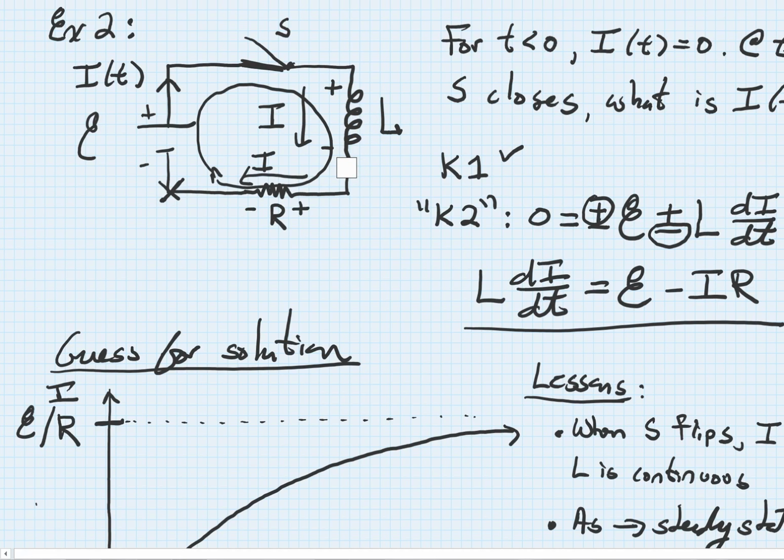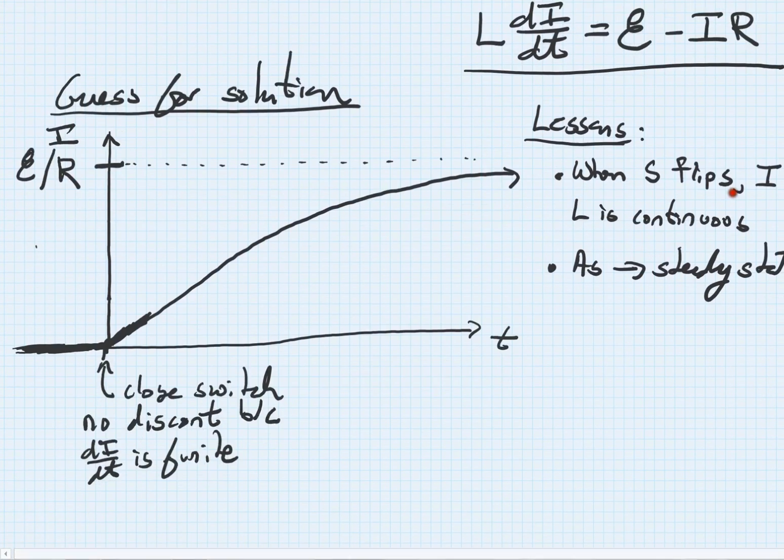That's nice in terms of what the diagram looks like, because in the diagram, the inductor just looks like a wiggly wire. And we know that an ideal wire, with no resistance, always has 0 voltage across it. So at long times, when we reach steady state, we can treat an inductor as what it looks like, a simple ideal wire. As we approach steady state, inductors just act like wires.